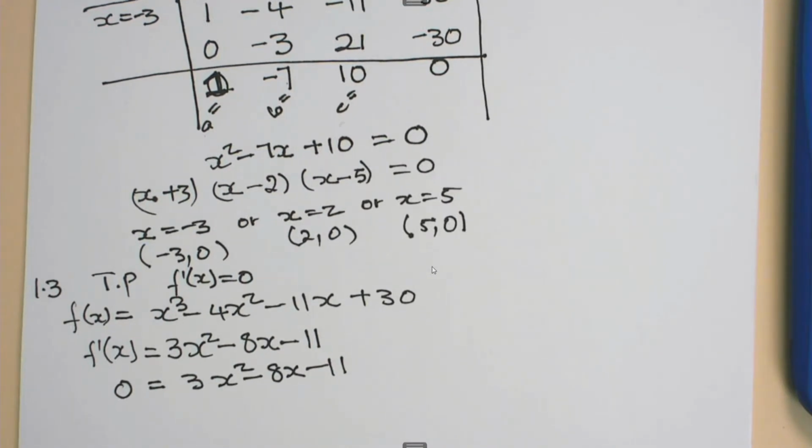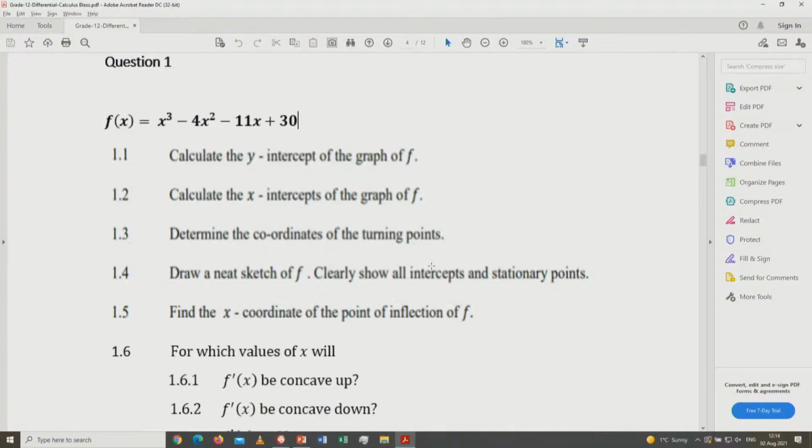Done. Now remember the question, we're required to find the coordinates of the turning points. Right, now it means we'll have to factorize this, or we can use the quadratic formula. I think I'm going to factorize this one. All right, you'll help me with this one.